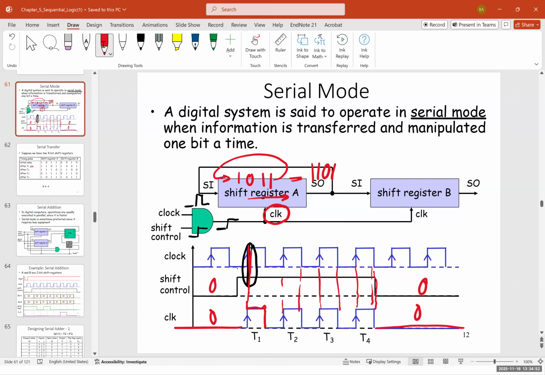What happens to shift register B? Imagine if initially shift register B is 0, 0, 1, 0. Shift register B is an open loop system. If I shift everything to the right, what happens to this? Everything will be shifted 1 to the right.